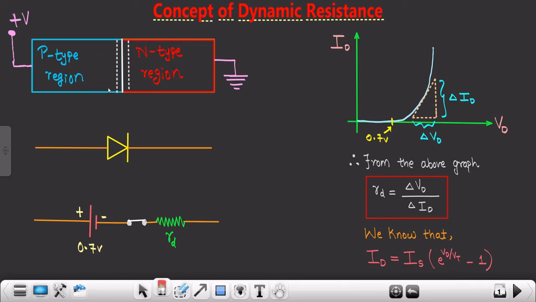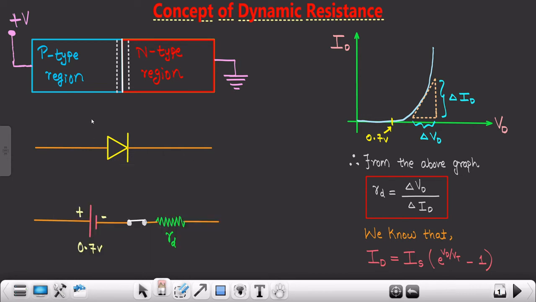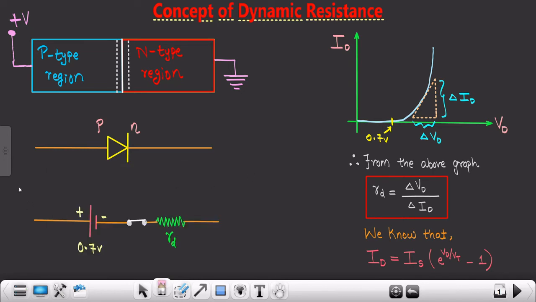And this is the depletion region. I'm not going into that detail because I had explained this concept earlier as well. So this is the symbol of the p-n junction diode. So this is your p region and this is your n region, right? Great. And as we had seen in the previous video, in case of DC analysis, or when we were supplying DC voltage, right, over here it is AC voltage. I will write over here this is your AC voltage, so that you should not get confused.